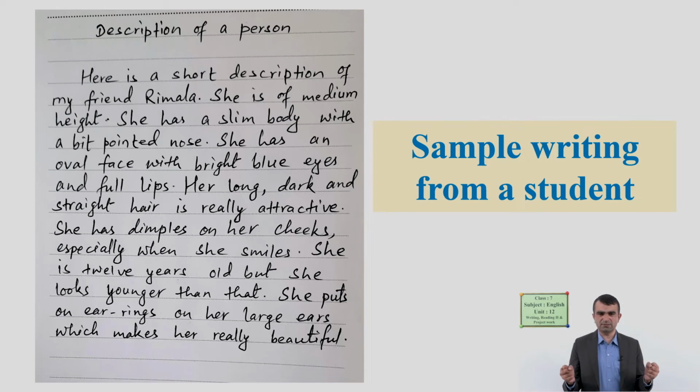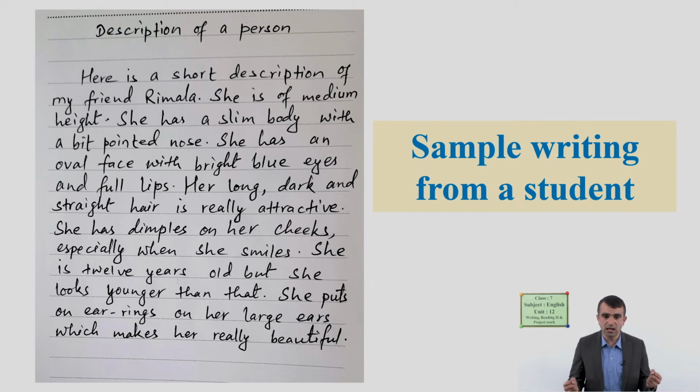Here is a short description of a person written by one of your friends. Just see here, I'll read it. Here is a short description of my friend Rimala. She is of medium height. She has a slim body with a bit pointed nose. She has an oval face with bright blue eyes and full lips.